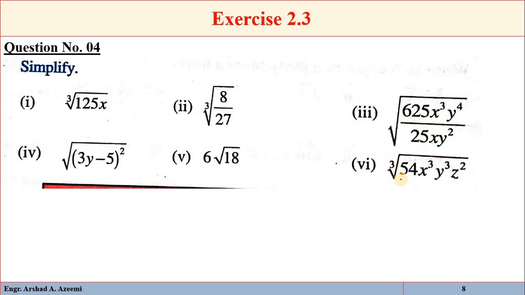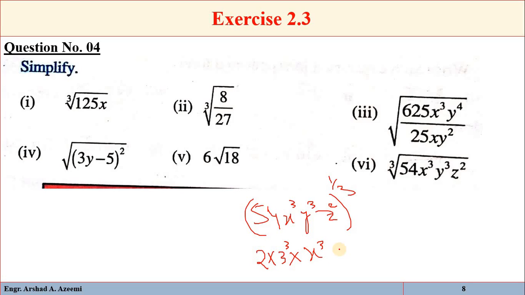Now for this one we can write it as 54 x cube y cube z square, whole power 1 over 3. Now this 54 we can write as 2 multiplied by 27, and 27 is equal to 3 cube. And here we have x cube multiplied by y cube multiplied by z square, whole to the power 1 over 3.